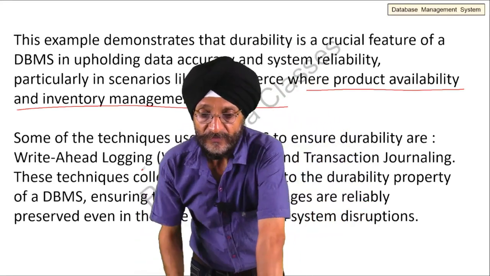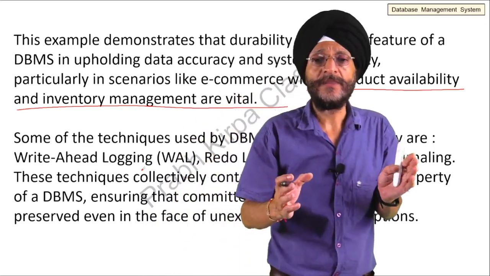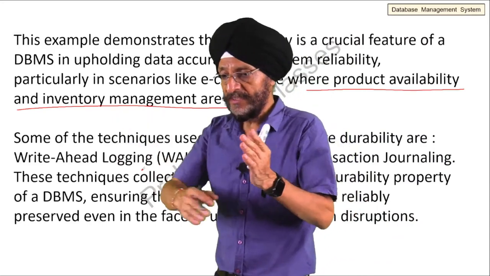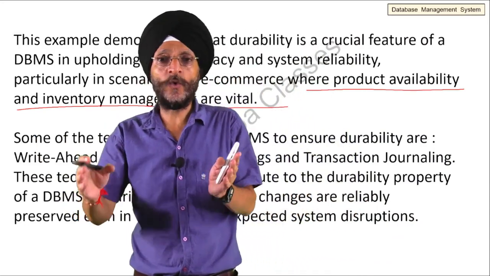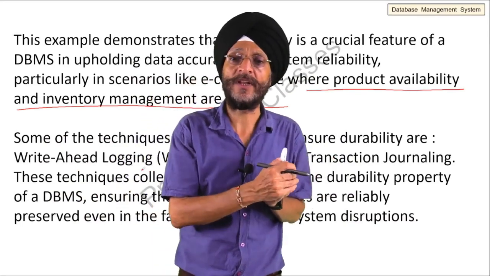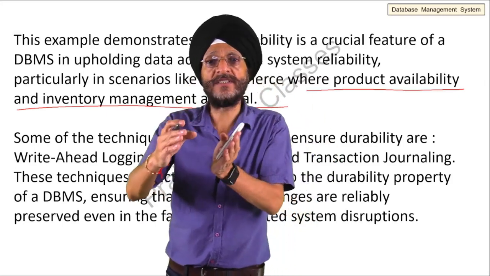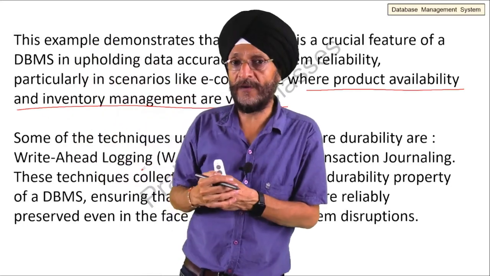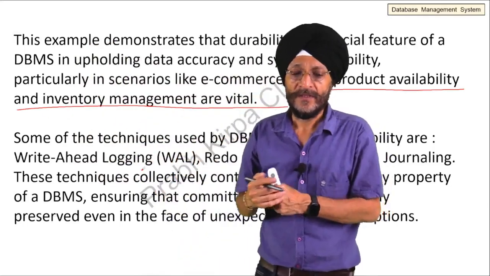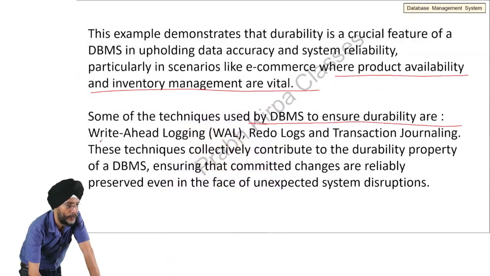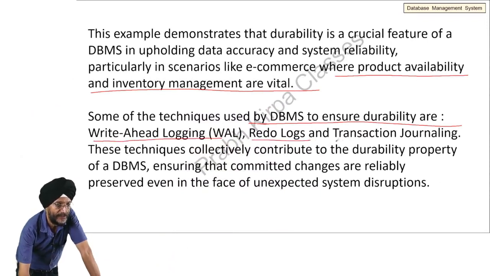Now, how does the DBMS ensure durability? That is, when the power failure or system crash has occurred, though the order has been confirmed to the client, how does the system ensure that the inventory level is updated even after the crash or power failure? Some of the techniques used by the DBMS to ensure durability are write ahead logging, redo logs, and transaction journaling.